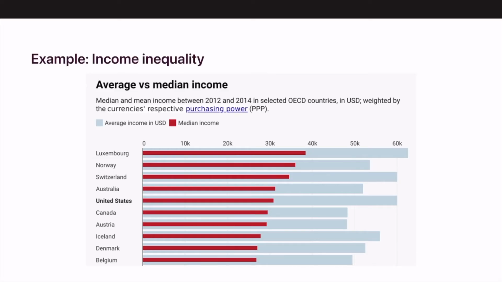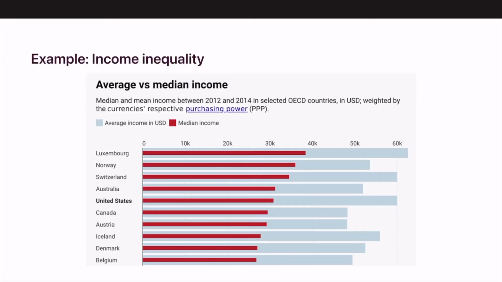And with these income distributions, it's very easy to see how the high earners, I don't want to say artificially, but they definitely skew the mean of income for an area to the right.